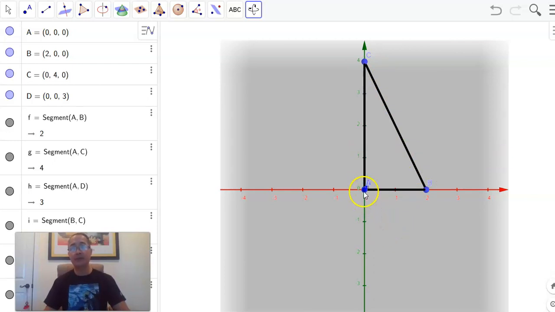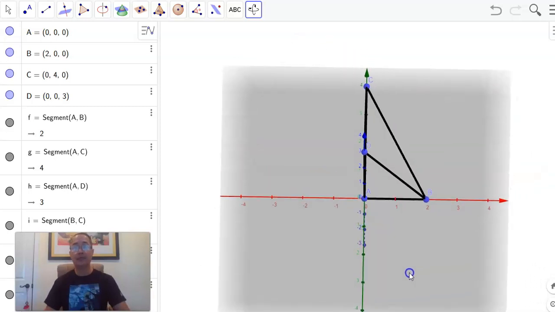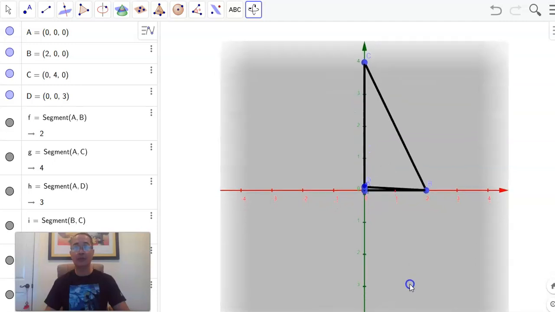And of course, 2 points collapse there. In fact, the entire edge from A to D collapses to a single point when we look at this tetrahedron from above. So therefore, this will be our domain of integration: this triangle with sides 2 along the x and 4 along the y.